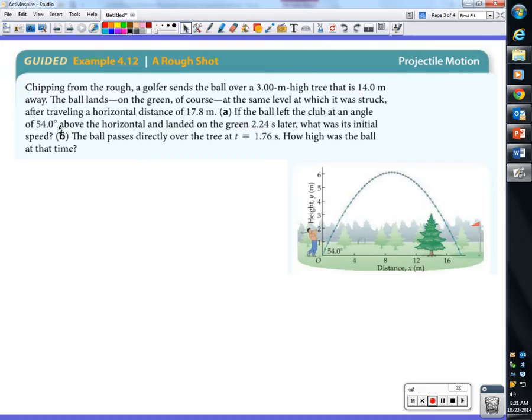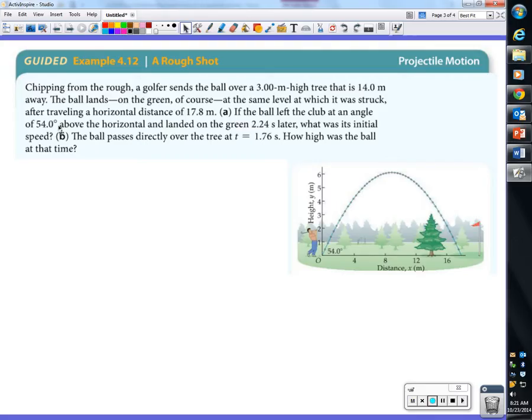Part A says, if the ball left the club at an angle of 54 degrees above the horizontal and landed on the green 2.24 seconds later, what was the initial speed? Part B, the ball passes directly over the tree at 1.76 seconds, how high was the ball at that time? Okay, a lot going on, right?